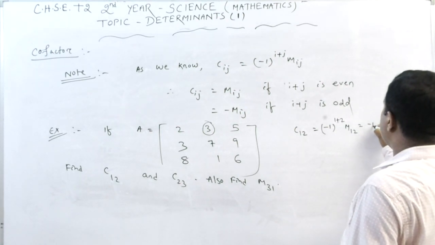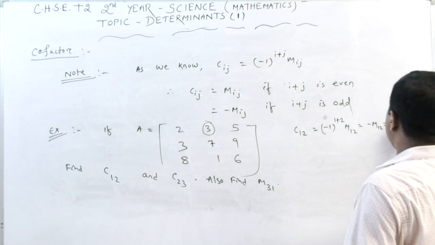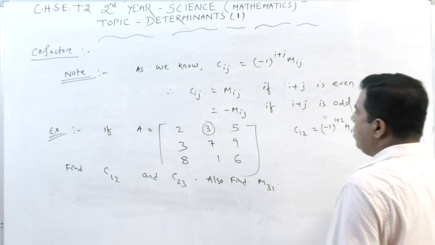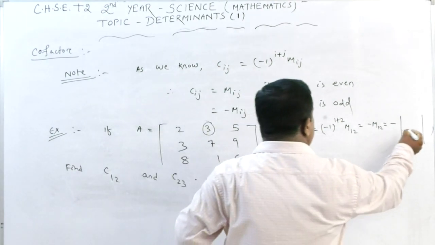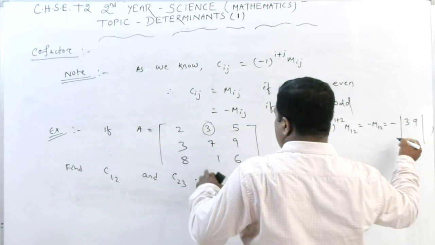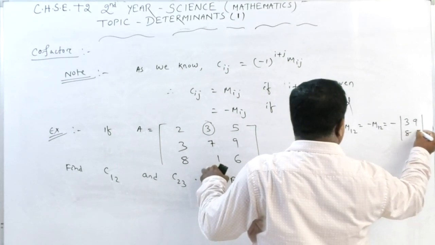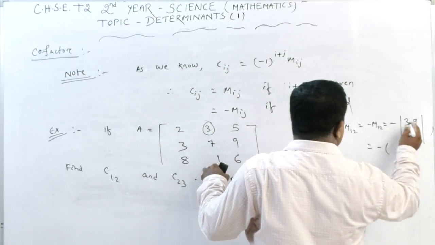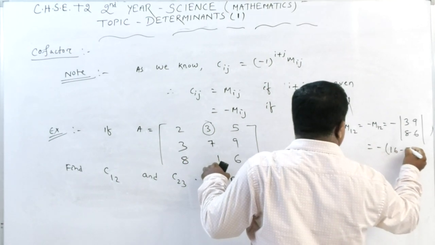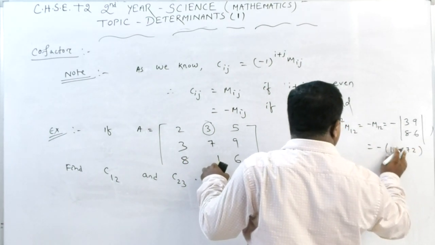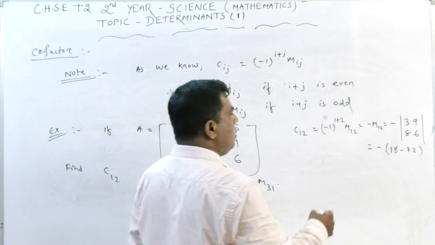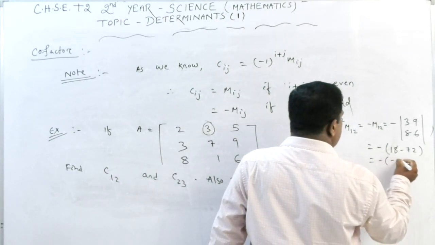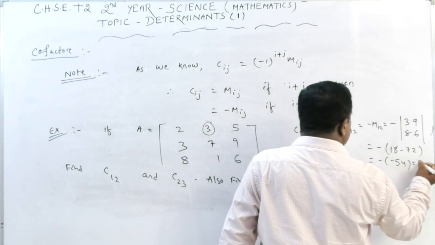So it is minus of M12, and it is evaluated by leaving the row and the column. So it is the determinant 3, 9, 8, 6. So it is minus of 18 minus 72, and giving some correction, it is minus of minus 54. So it is equal to 54.